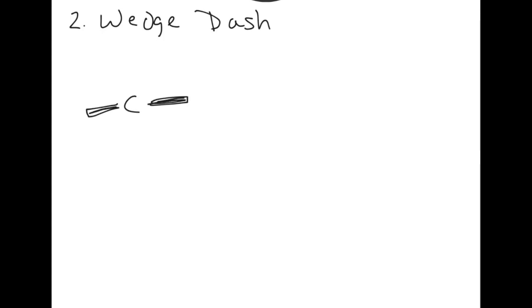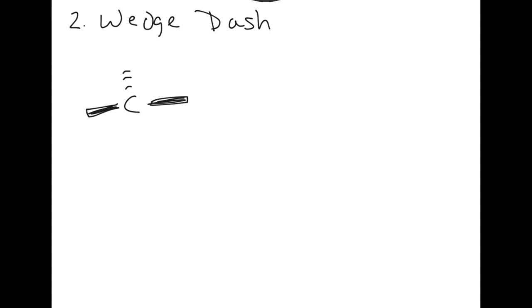So there is what's called the wedge dash. Now we're going to go to the Stone Ages, right? And the first thing from the Stone Age is wedge dash. So I'm going to draw, say, the same thing. We're going to have a carbon, and the groups that are horizontal are going to be pointing out at us. They're going to be on wedges.